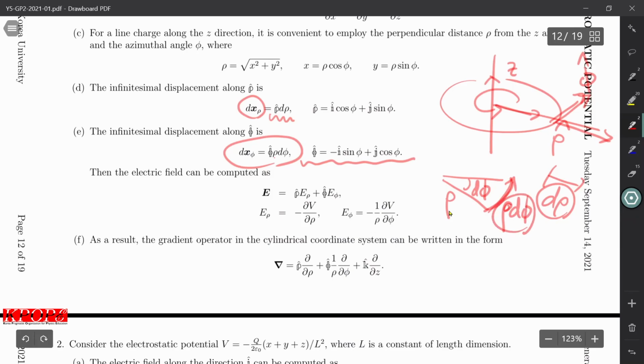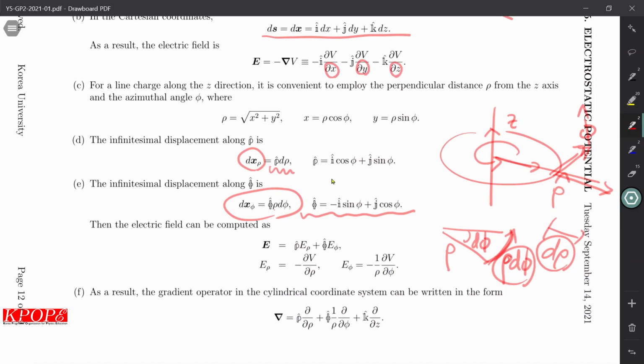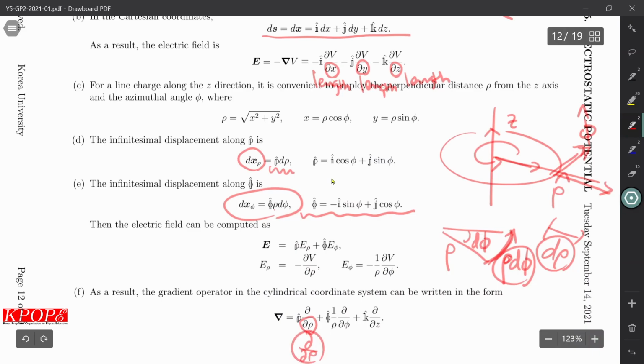Okay, so gradient is the derivative with respect to coordinates, but it has the dimension of a length, not an angle, length. Therefore, if the coordinate is length, then you just take the derivative with respect to the radial direction.